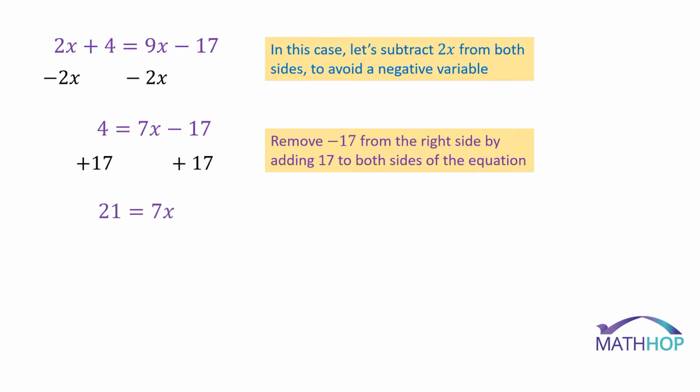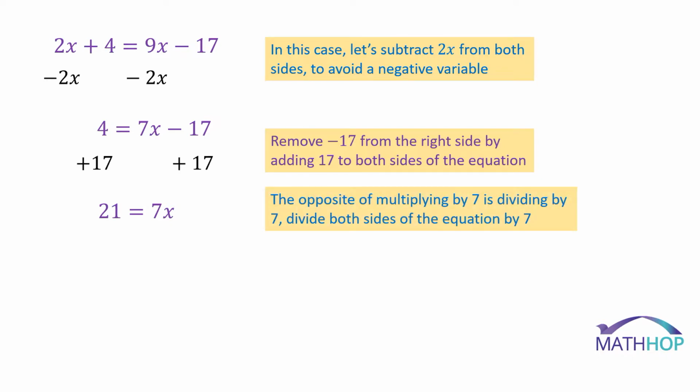Now, x is still not alone. There is a 7 multiplied to it. The opposite of multiplying by 7 is to divide by 7, so we divide both sides by 7, and we see that x equals 3. And just in case it gives you the heebie-jeebies to see the variable on the right-hand side, we will flip it and write it like you like: x equals 3, with x on the left-hand side.